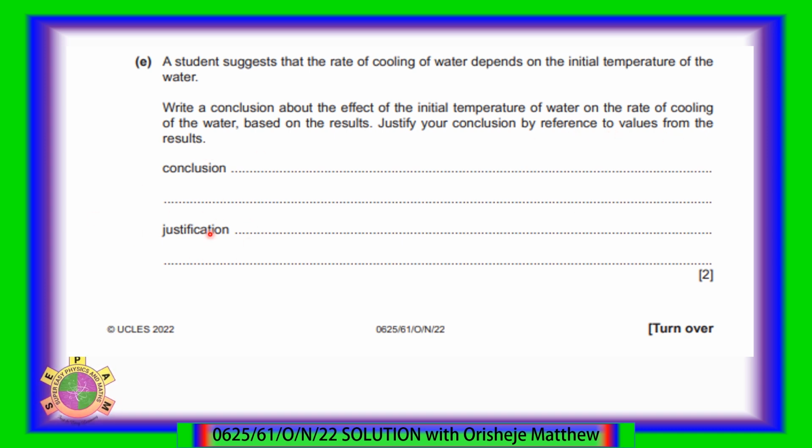Any answer you give as your conclusion, you should be able to make reference to the data given to you in this practical. Prove it. Back up your answer with the data. That's how you answer a justification question.